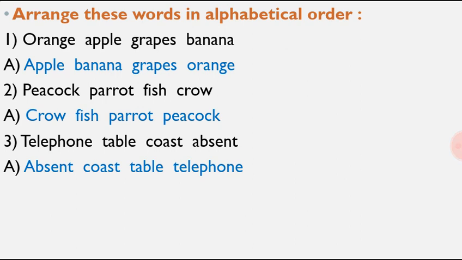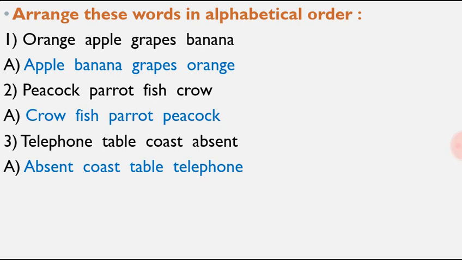Now second is peacock, parrot, fish, crow. Now here children you can see that there are two spellings which start from letter P. Now in this case what we have to do, we have to see the second letter of that particular word. Now in peacock you can see that the second letter is E, and in parrot you can see that the second letter is A. So now we have to arrange them in alphabetical order.